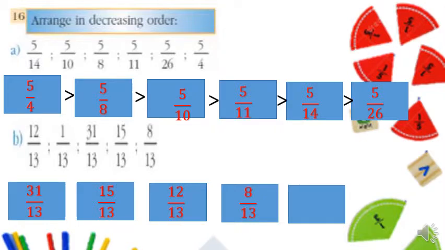Then we have 15 over 13. Then we have 12 over 13. Then 8 over 13. And the smallest one is 1 over 13. And we are done. Don't forget to put the signs because we are ordering them in the decreasing order from the greatest to the smallest.